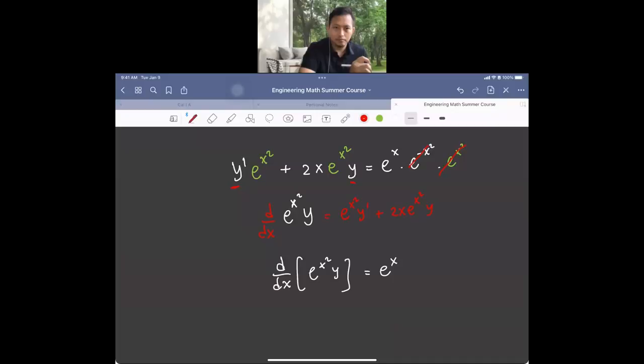And what's next? We need to find the solution for y, right? So the idea is to take the integration with respect to x.